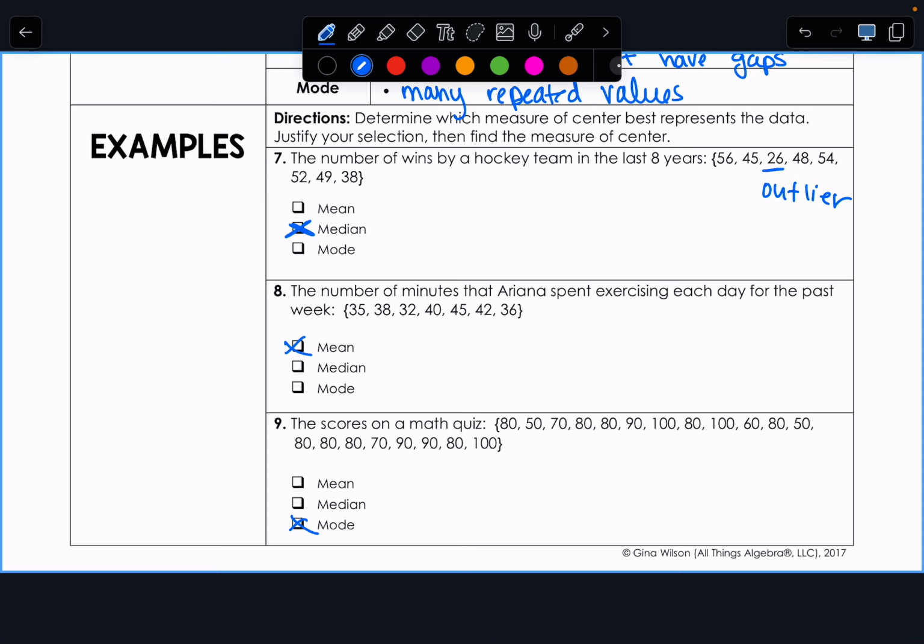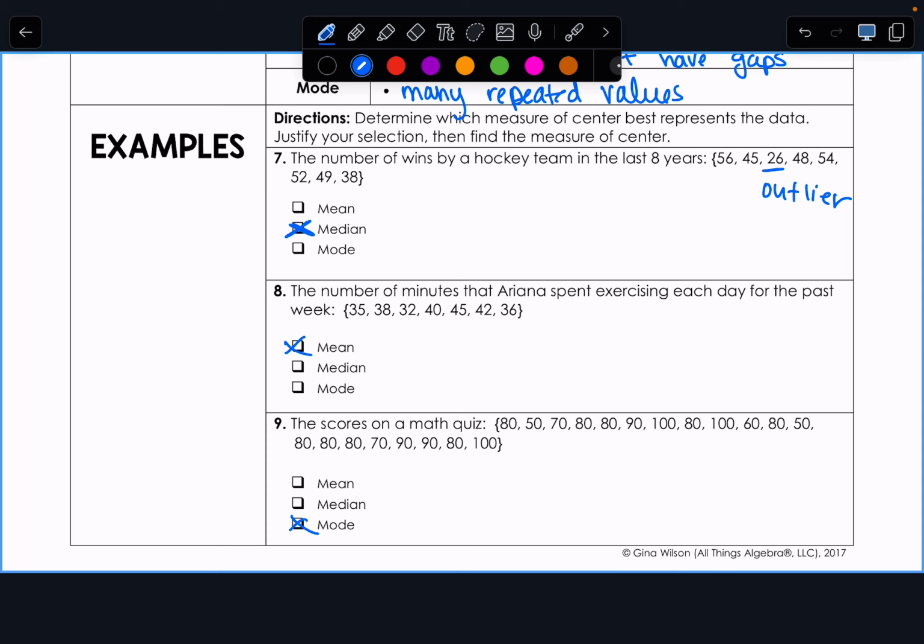Like in number 9, almost half of the data is 80. It's more than half. I would say if it's more than a third of the data, you're probably pretty good.